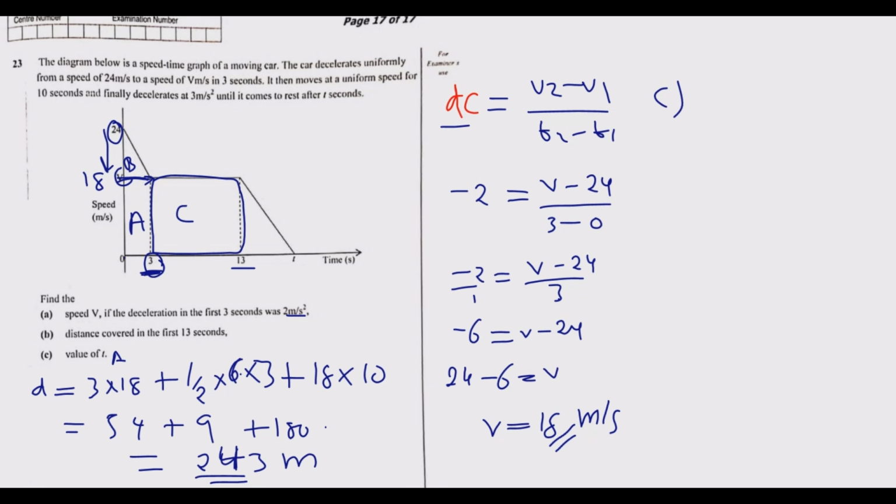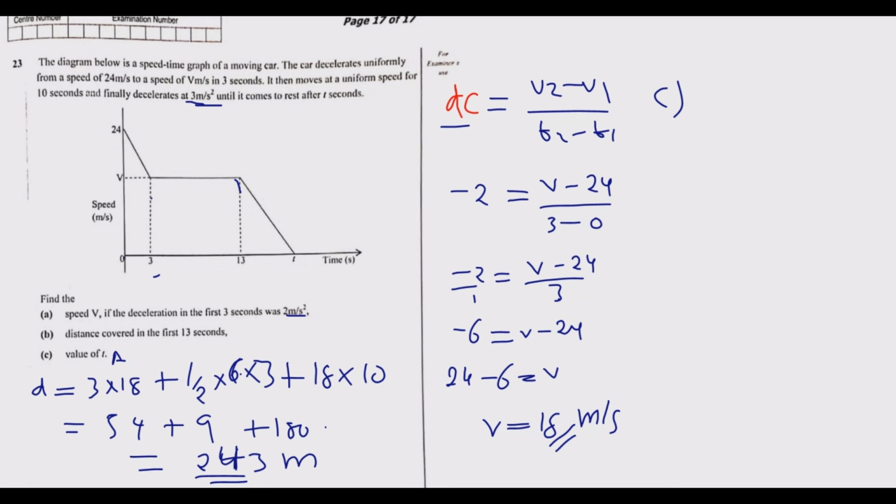So C, the value of T. Let me just try to clear the shape so that you're able to see clearly. So we're looking for the value of T. Remember the car is finally decelerating at 3 meters per second square.